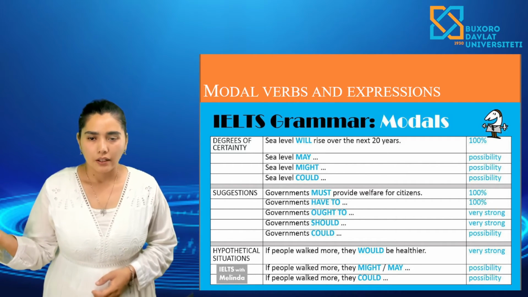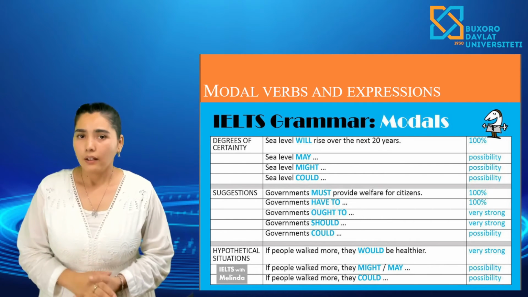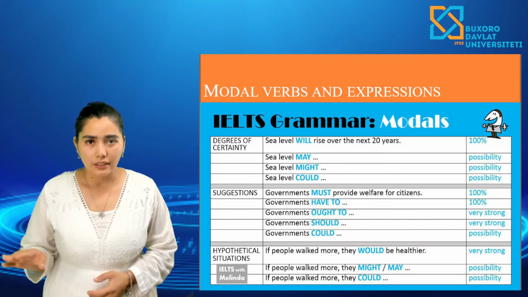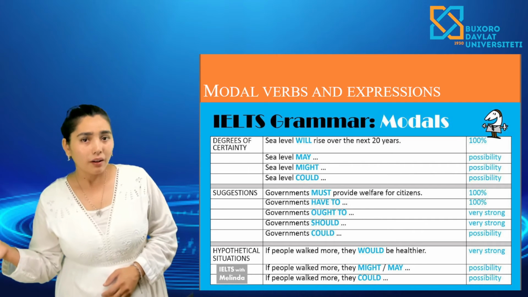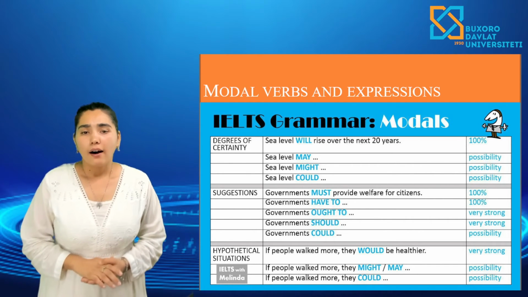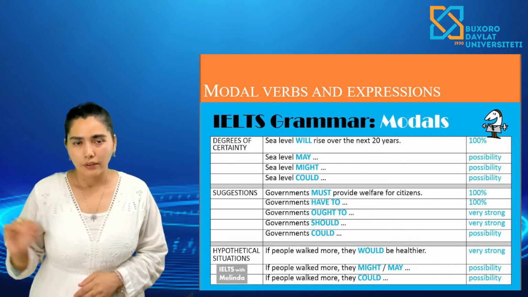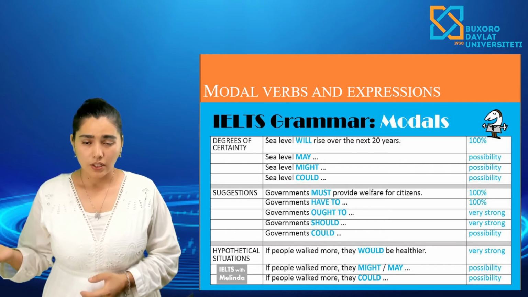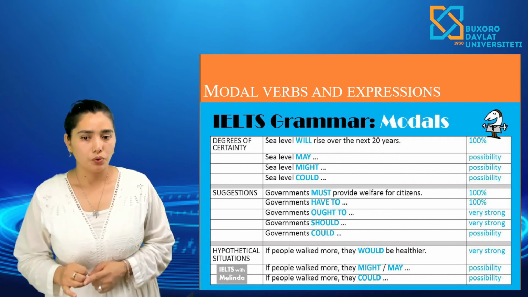Degrees of certainty. For example, will has 100% certainty of happening. May, might and could have a possibility of the action happening. If I say I may go to the party, it means that I whether can go or will not go. It means 50-50. In order to make suggestions, I can use must, have to, ought to, should, and could.